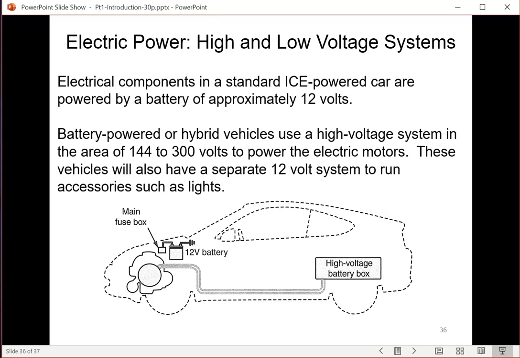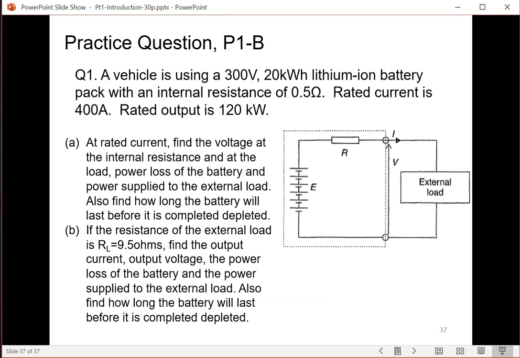Okay, so I leave you with another practical question, very similar to what I've done, but I'll separate it into two parts. One is to use the rated current, which I gave you. The other one, if I give you the resistance value, is the second part. In the first part you don't need to know the resistance value because I'm telling you the current.